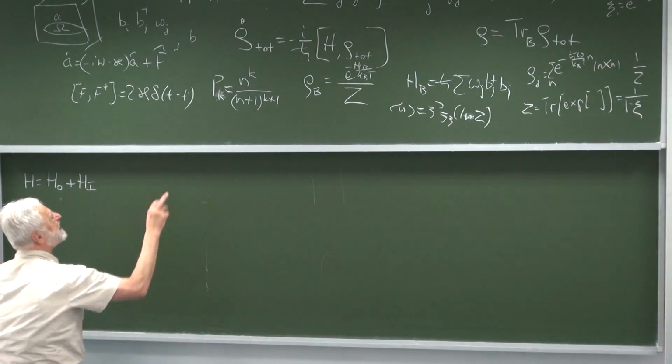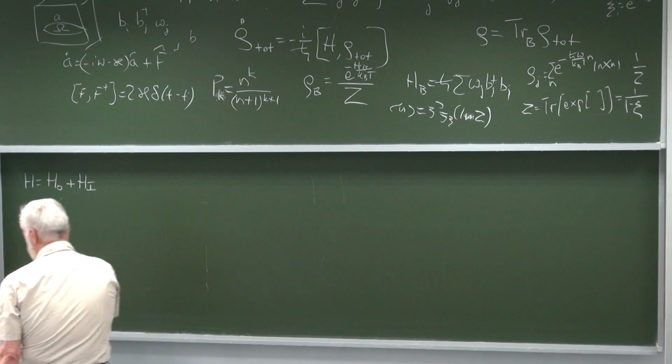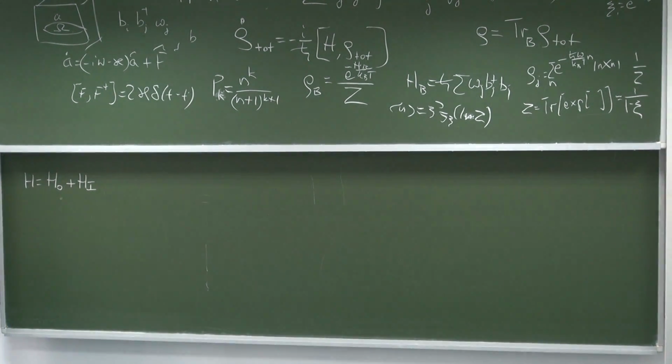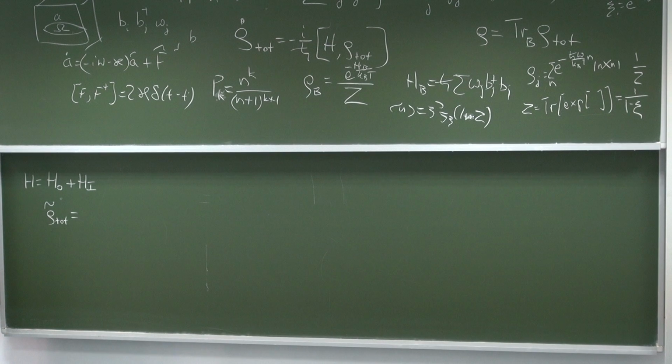Then, in our equation for the total rho, we can go to what is called the interaction picture. So we can define rho interaction picture total as, now I could figure it out, but I better check to have signs in the right places.